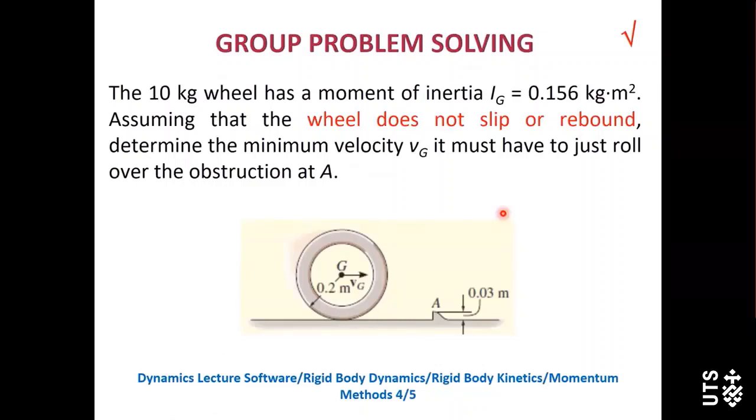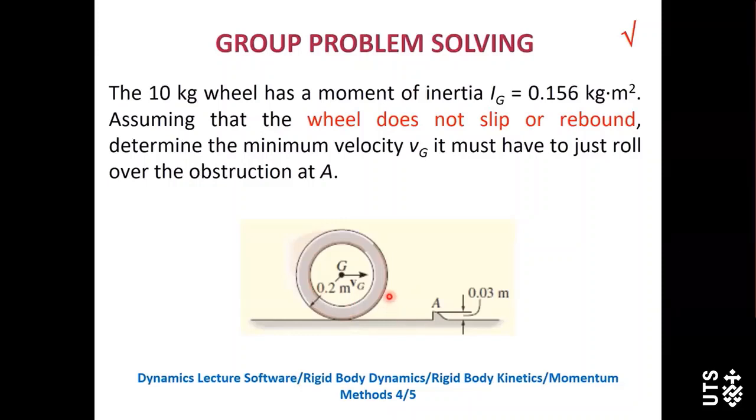Okay, example problem 3. In this problem here, there is a wheel. We know its mass, we know its mass moment of inertia about its mass center point G. Assume this wheel does not slip when it's rolling on the ground.